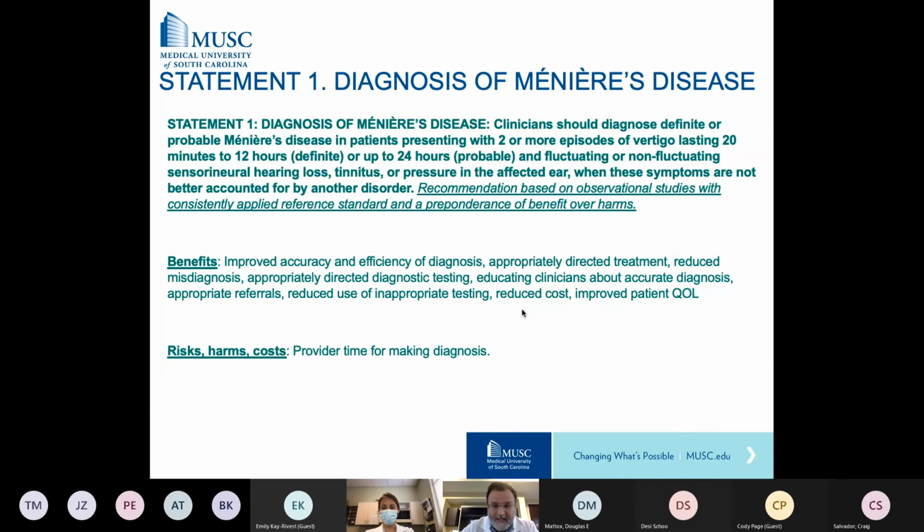So obviously the first statement of the Academy was to rely on their latest definition of definite or probable Meniere's disease, with 2 or more episodes of vertigo lasting between 20 minutes and 24 hours, with fluctuating or non-fluctuating sensorineural hearing loss, tinnitus, or pressure in the affected ear, when there's not a better diagnosis.